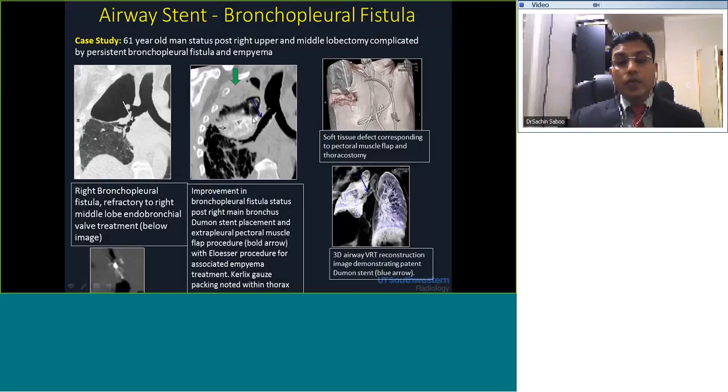So, to maintain the airway patency, the patient also underwent Dumon stent placement in the bronchus intermedius, and the patient had an extrapleural pectoral flap, and there is a gauze for packing, and that did improve the bronchopleural fistula and take care of the empyema. Volumetric reconstruction images demonstrate patency of the Dumon stent here.